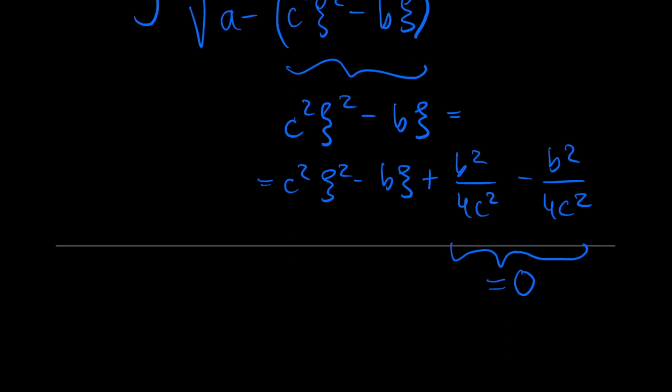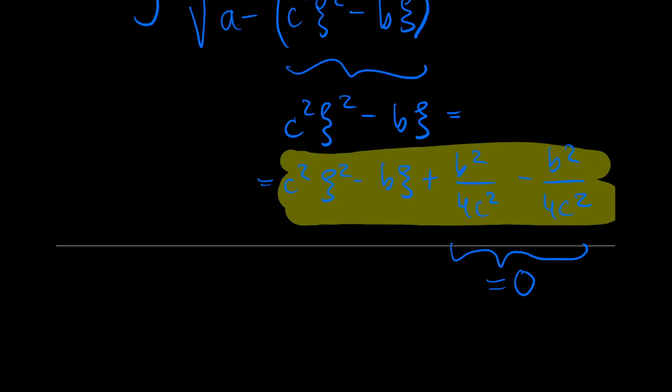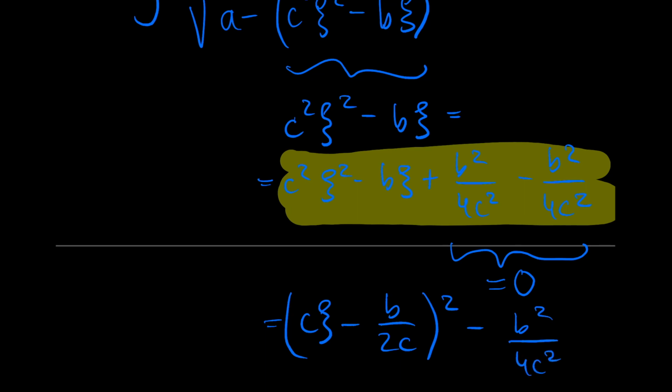And this whole term here, we can contract to the binomial formula of c psi minus b over 2c, squared, and then minus b squared divided by 4c squared.